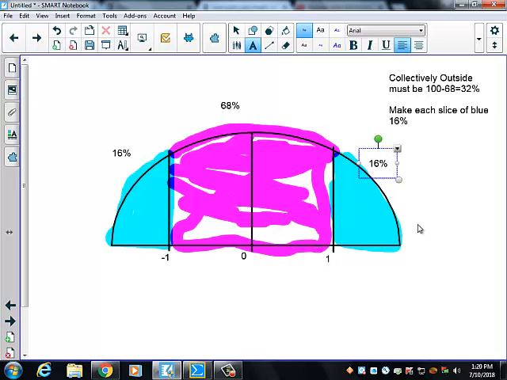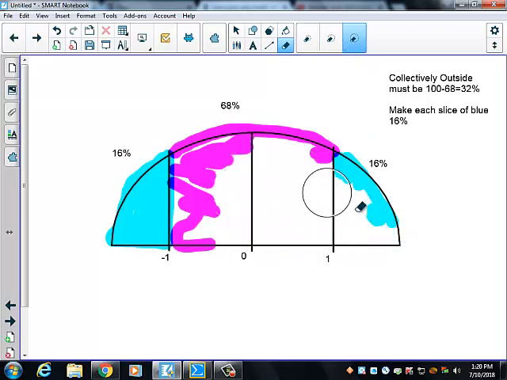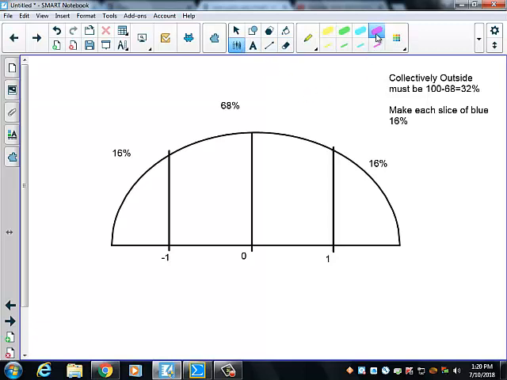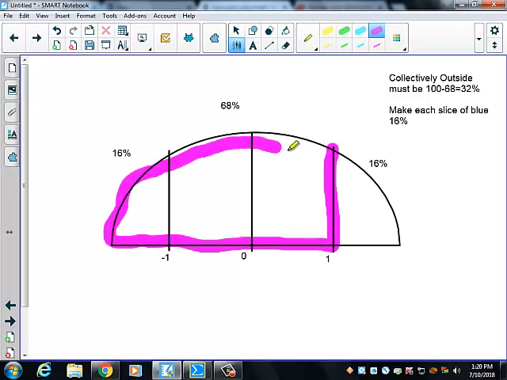Now, what that would mean is that if I were to erase all of this area, and I would just want to concentrate on this area here, from here back, all of this shaded area.